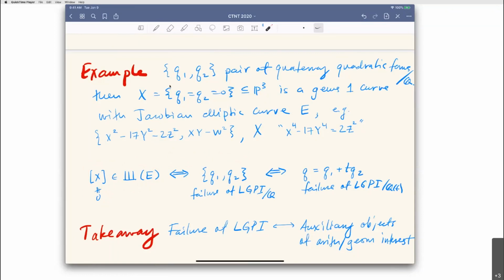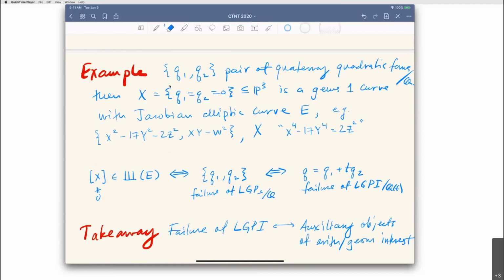This is just a statement that a point on the complete intersection is equivalent to a common isotropic vector. So the fact that this class in the Tate-Shafarevich group is non-trivial is equivalent to this pair of quadratic forms being a failure of the local-global principle.